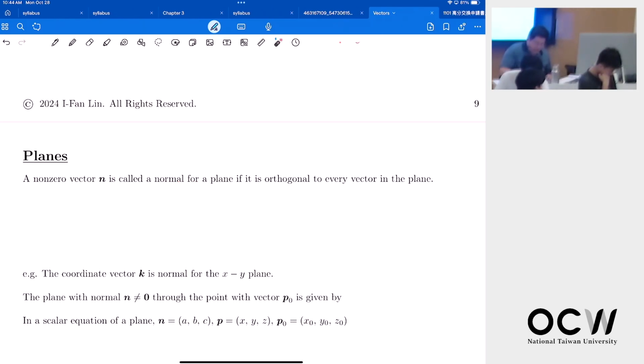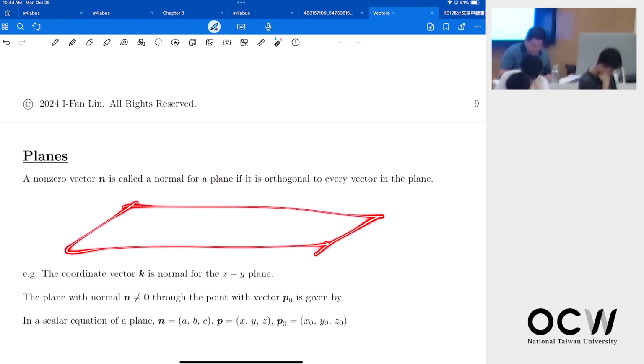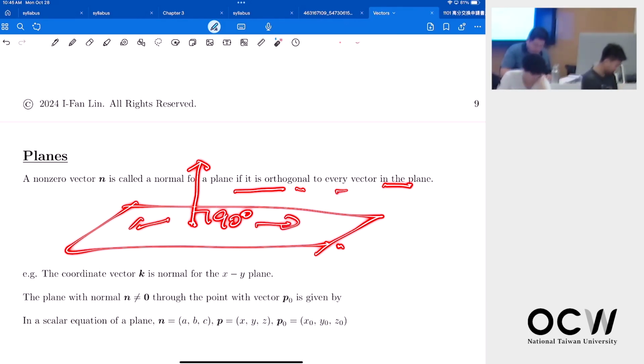So if I have a plane, then there's a vector normal to it, at 90 degrees. It is orthogonal to every vector in the plane, so this normal vector is orthogonal, or perpendicular, to every vector in the plane.